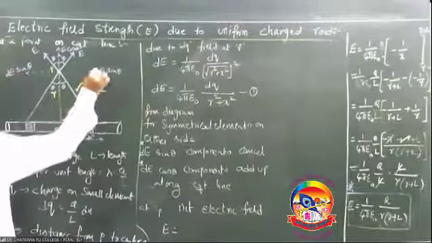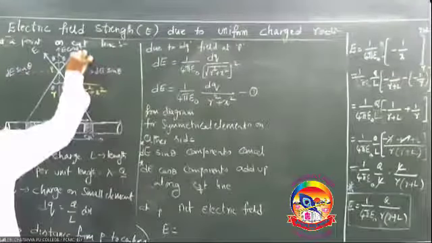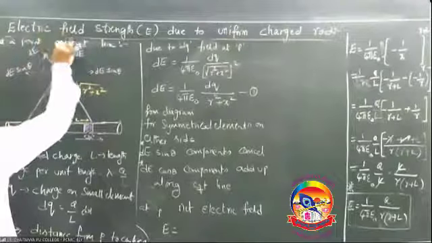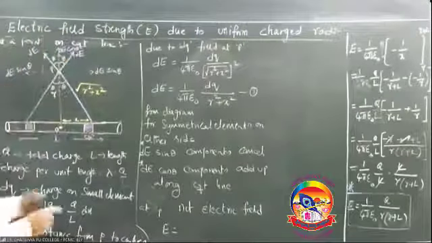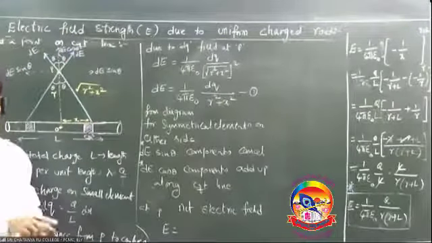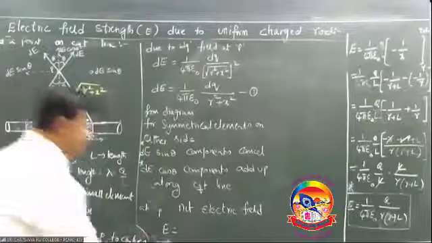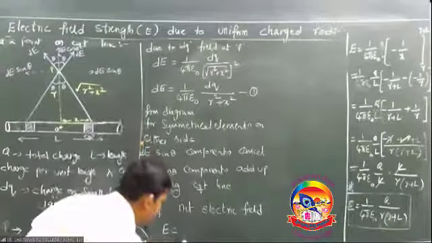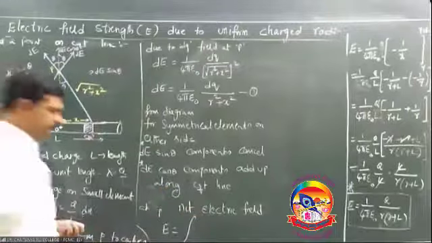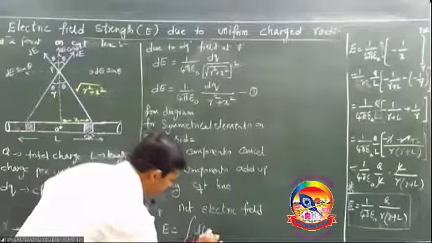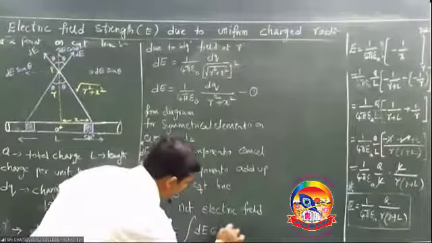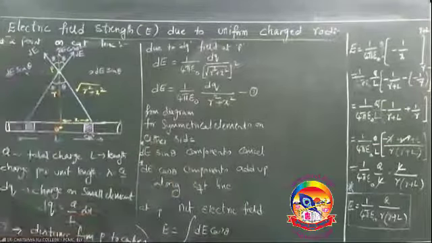All dE cos theta components are adding. Right? Adding means integration. Integral of dE cos theta. Clear?